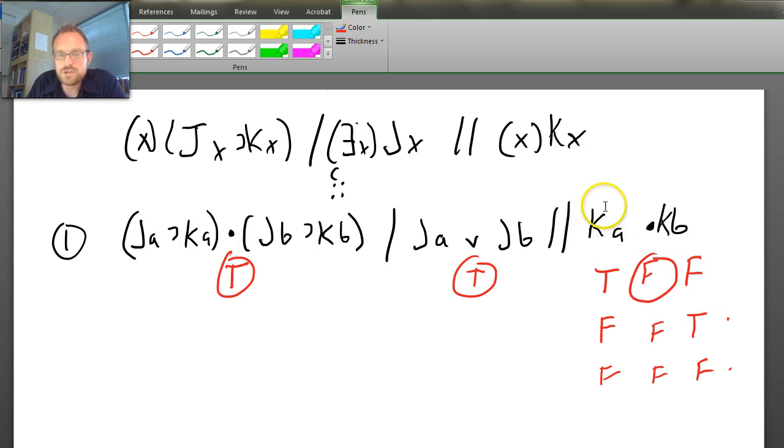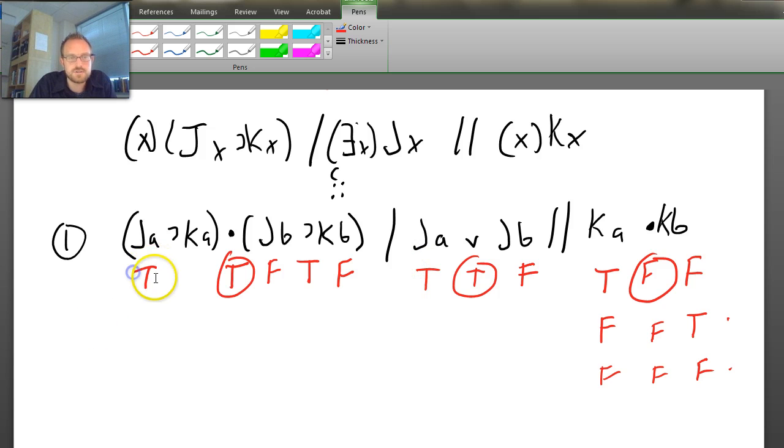Now, first thing is I have KA and KB. KB in this case was false, right? If KB was false, then that means JB has to be false as well, in order to make sure that this is true. So now I know that JB is false, which means JA has to be true.